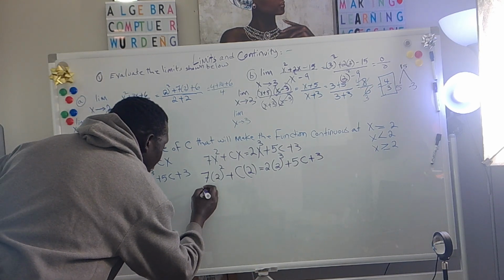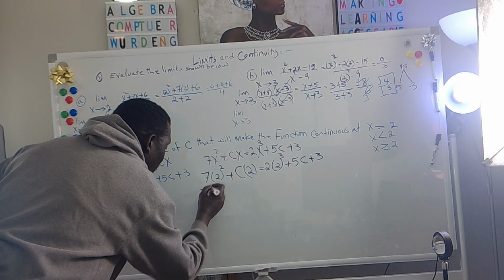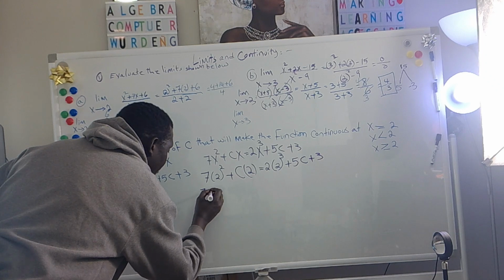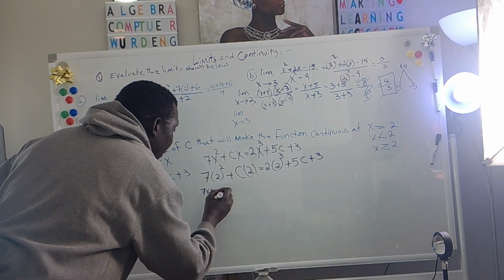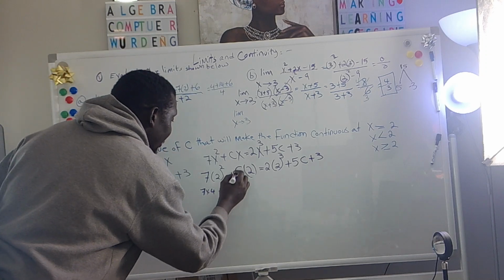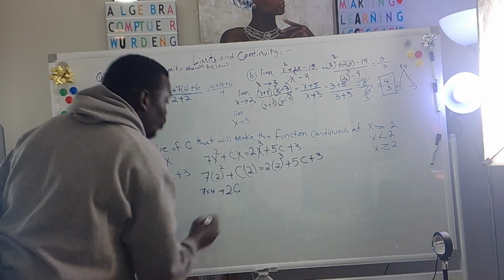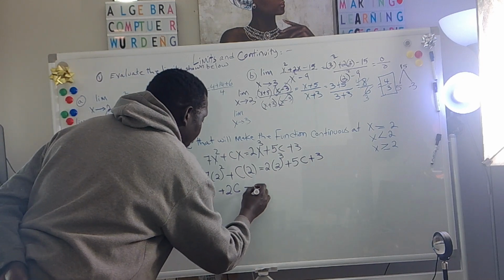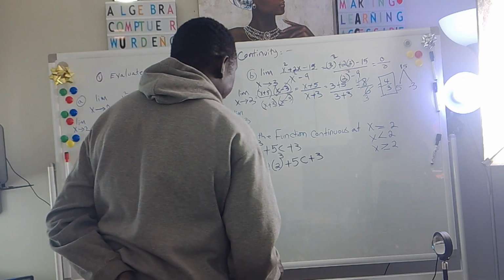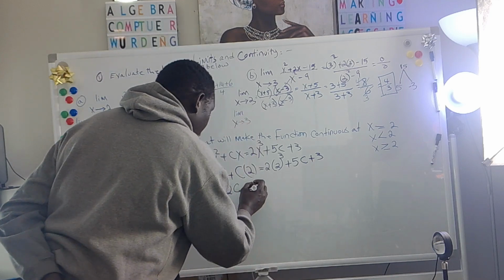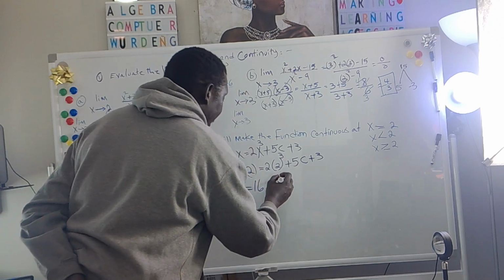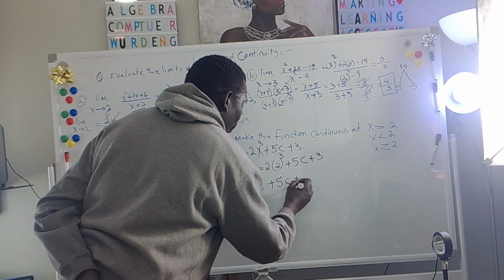Here it will be 7 times 4, leave it like that, plus 2c, equal to 8 times 2, which is 16, plus 5c plus 3.